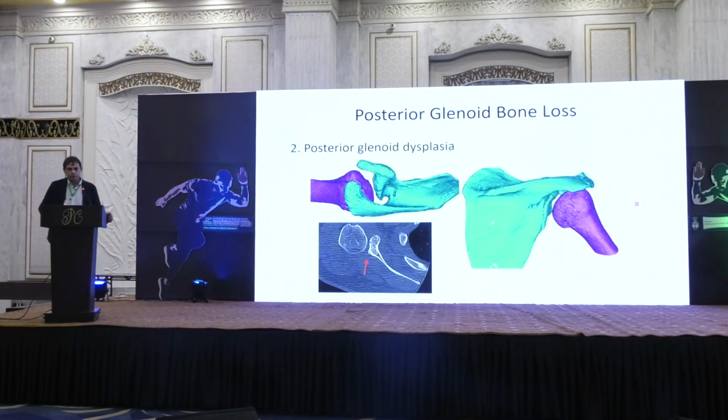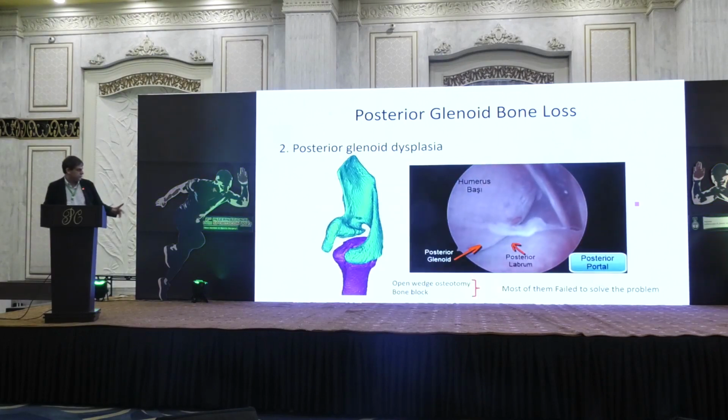The most challenging is the dysplasia of the posterior glenoid. In this patient, you can see that there's a posterior dysplasia, and there's no bone to hold the head in the joint. So these are the most challenging problems of the posterior glenoid. You can see the arthroscopy of this patient.